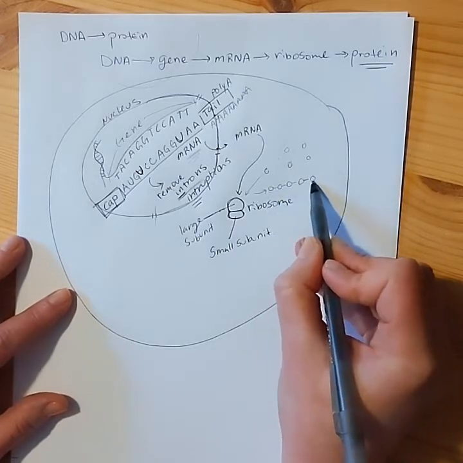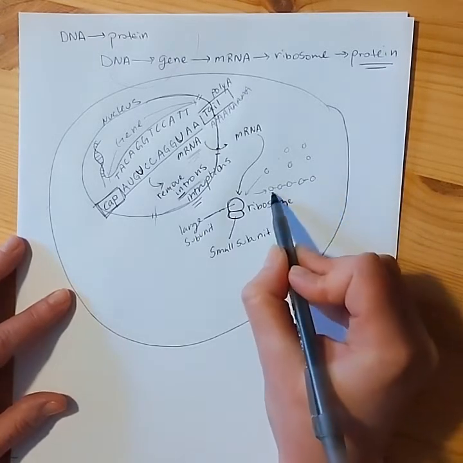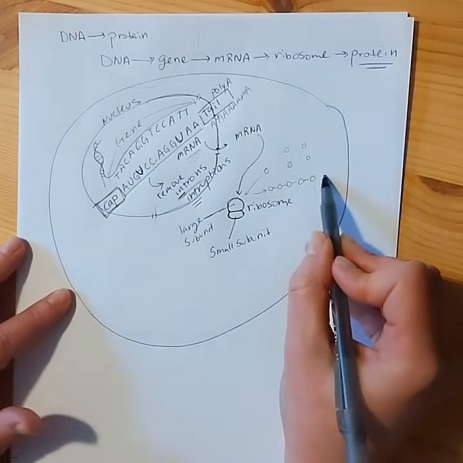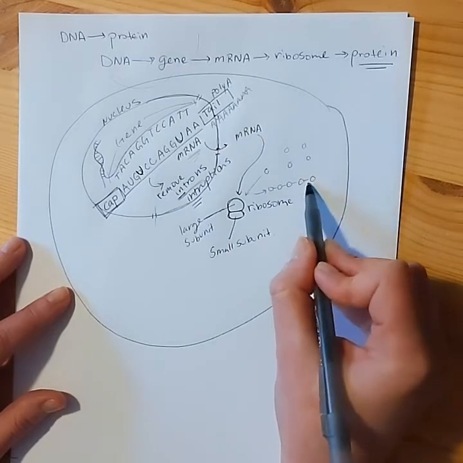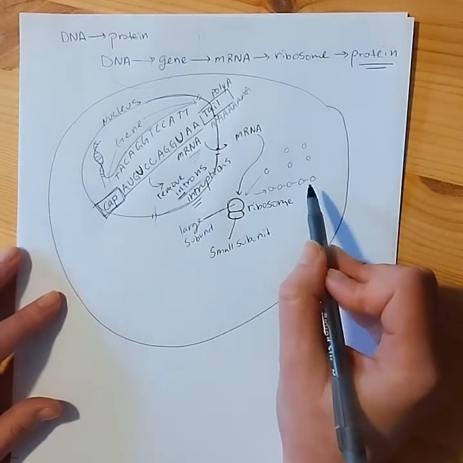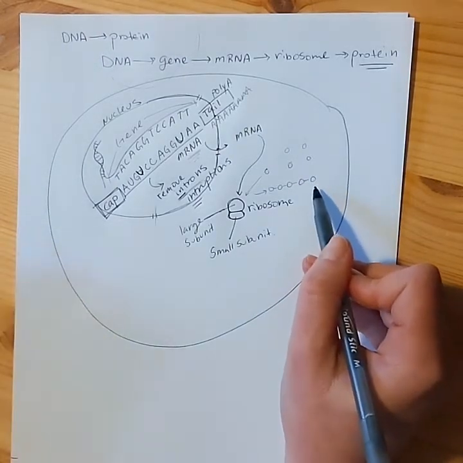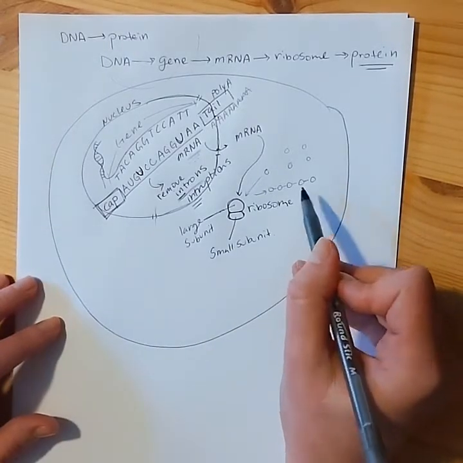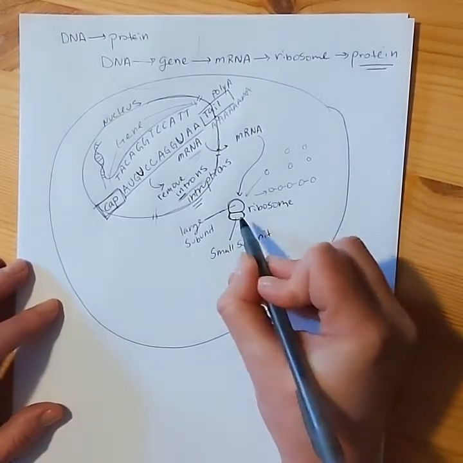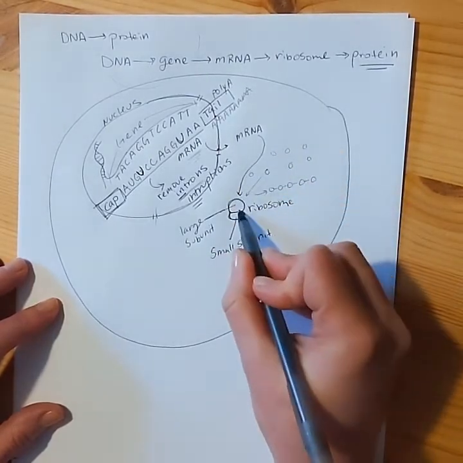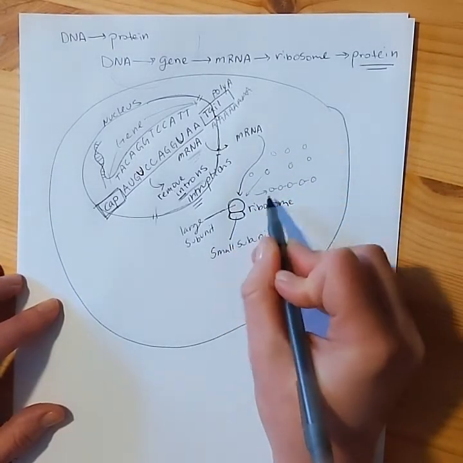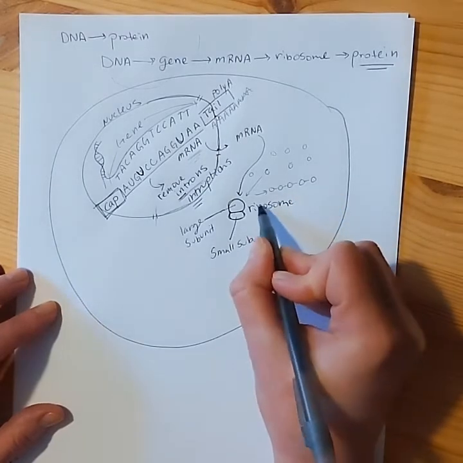This is the primary structure of the protein, the order of the amino acids. These amino acids have charges on them, and so they'll fold up and create the secondary, tertiary, and quaternary structure, if there is a quaternary structure, for your protein. So that's the goal of my ribosome, taking these amino acids that are just floating around in my cytoplasm and adding them together into a polypeptide.